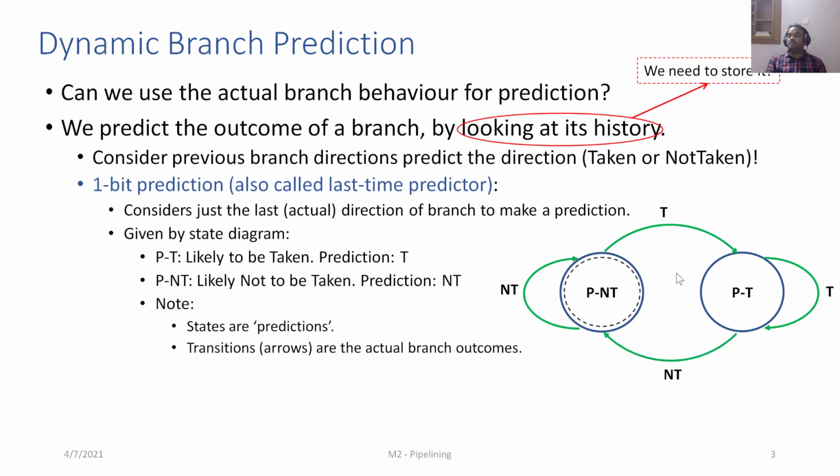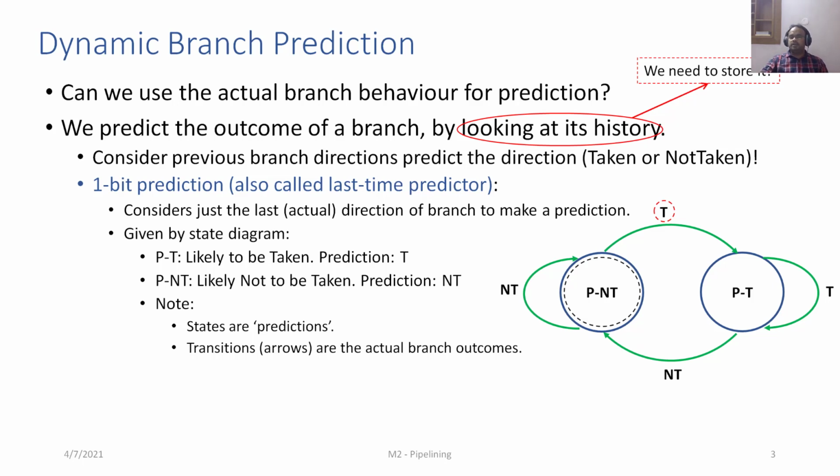If the actual branch outcome when we are in predict likely taken is not taken, then we will switch back to PNT, right? The key thing to observe is that the switch among the states will happen whenever there is a misprediction.